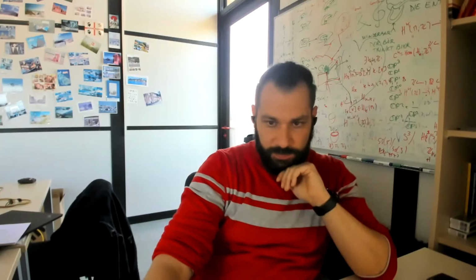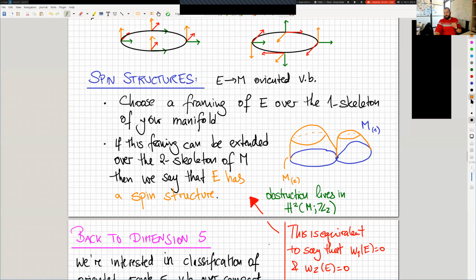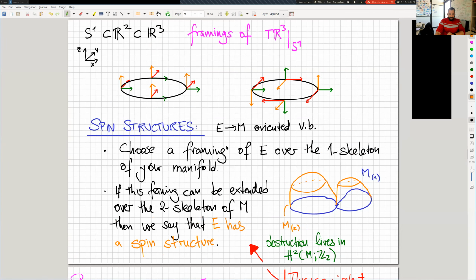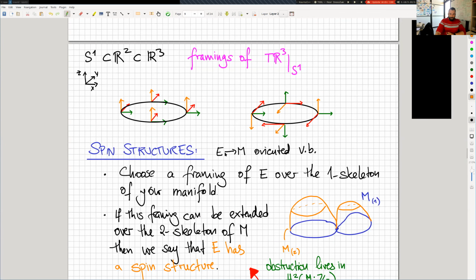Let's continue. I want to try to explain what spin structures are in my world.